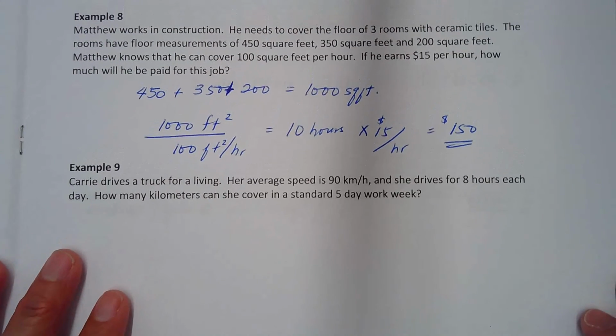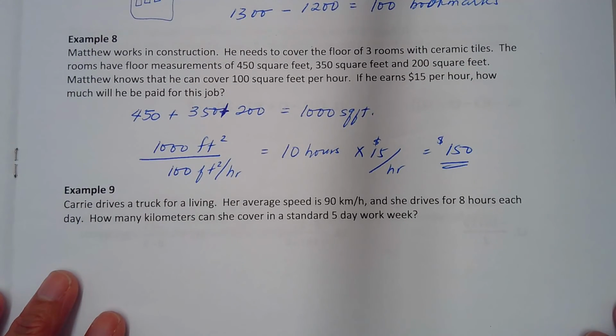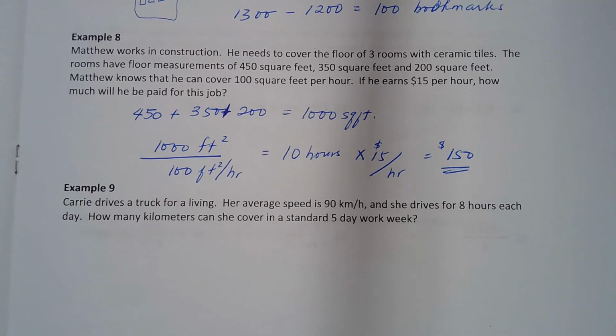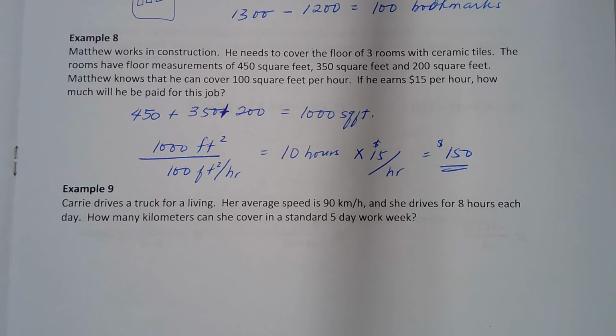Can we figure out what a square foot is? How big is a square foot? A foot by a foot. 12 by 12, 12 inches by 12 inches. And if you look down on the floor, can you see the tile? That's a square, right?